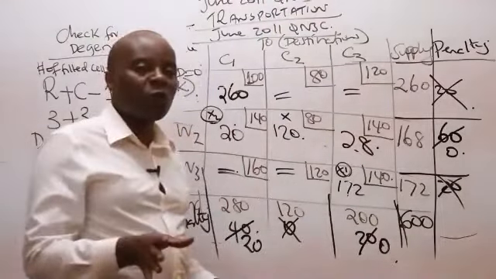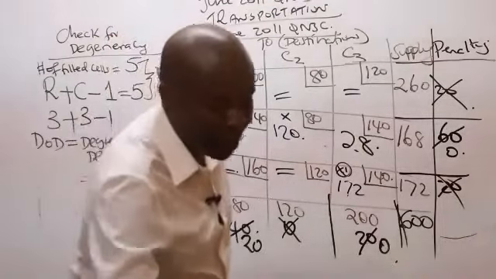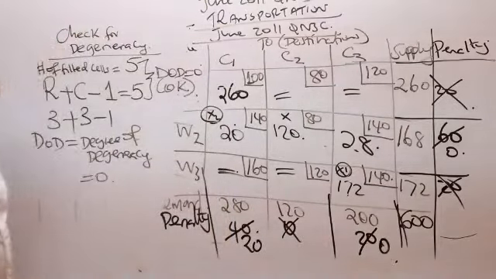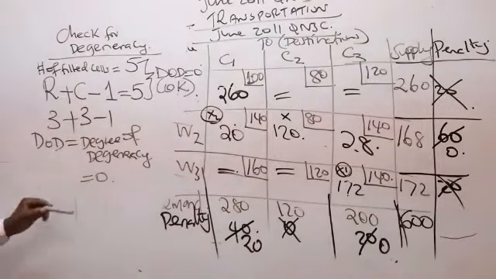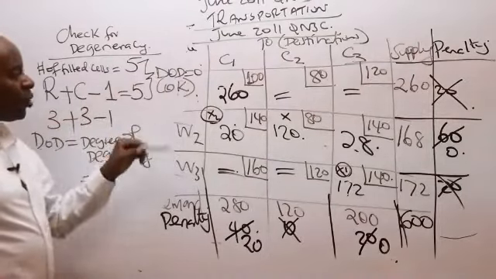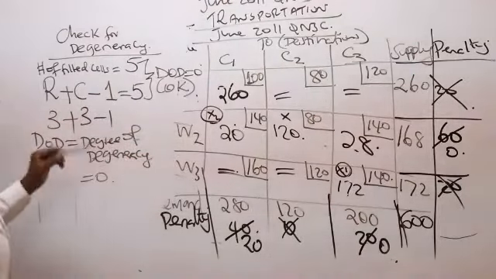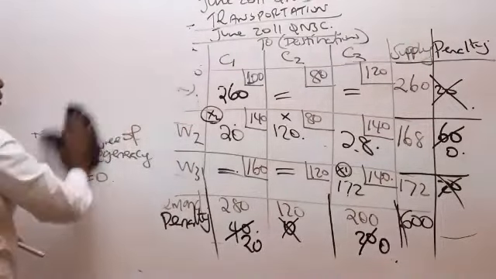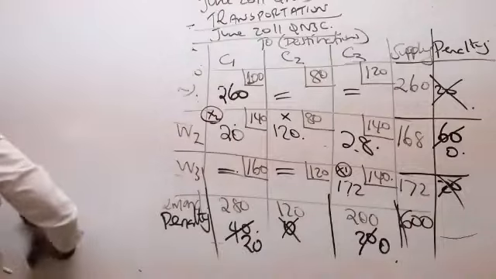Remember, as I've just told you, in section 4, your DOD will always be 0. So you take rows plus columns minus 1. Don't forget how you're counting the rows: 1, 2, 3. 3 rows, 3 columns, and then minus 1. That automatically gives us our DOD, which is 0 in our case.